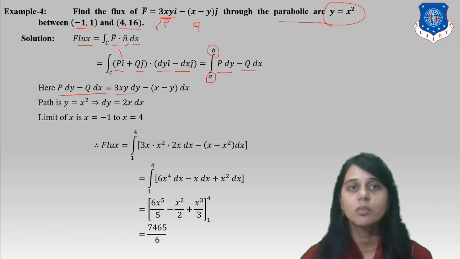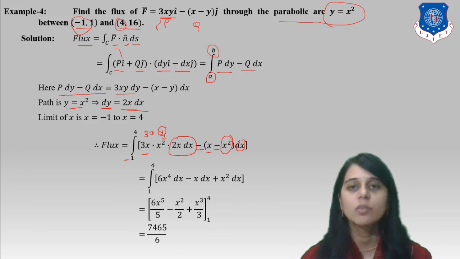Now path is y equal to x square, so dy equal to 2x dx, and x is from minus 1 to 4, taking flux from minus 1 to 4. For y, we are taking x square. For dy, we are taking 2x dx, minus x times y equal to x square dx.